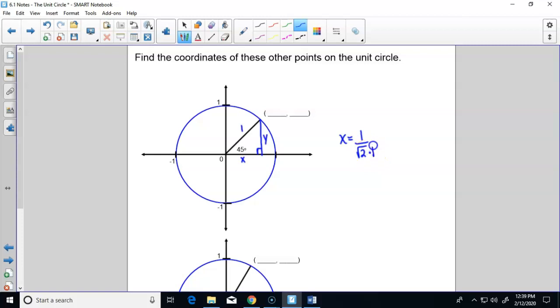So we're going to multiply by the square root of 2 on top and bottom. And if we do that, we get square root of 2 over 2. So x would be square root of 2 over 2. And if x is square root of 2 over 2, y has to be square root of 2 over 2 also, because this triangle is isosceles.